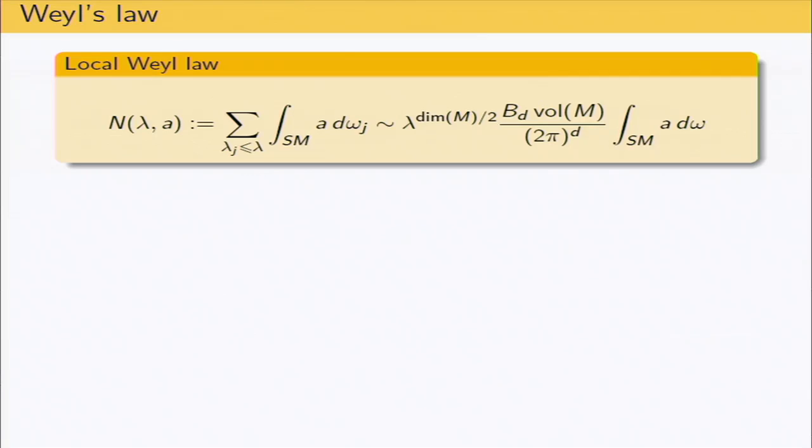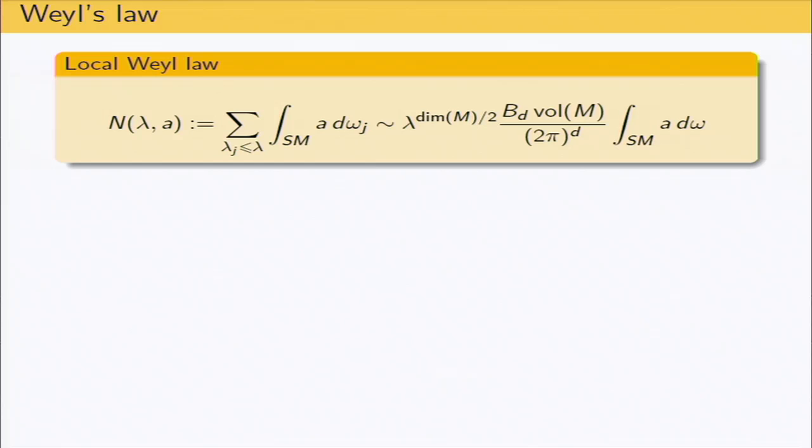So I prepared some pretty pictures for the sphere and the modular surface, the two main examples featured in this talk. But before getting to them, I'd like to discuss two general features of these Wigner measures, one coming from Weyl's law, the other coming from Egorov's theorem.